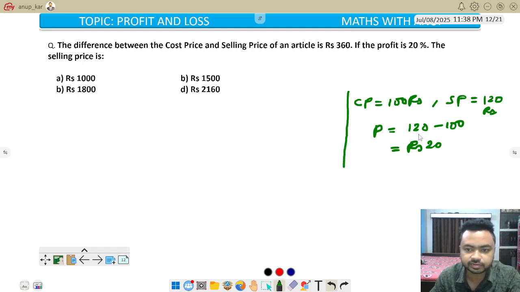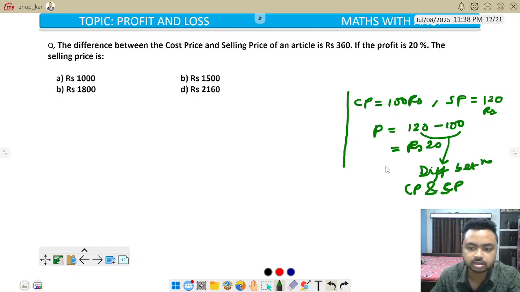This is nothing but the difference between CP and SP. So here it is given that the difference between the cost price and selling price is 360. So it is nothing but equivalent to the profit.